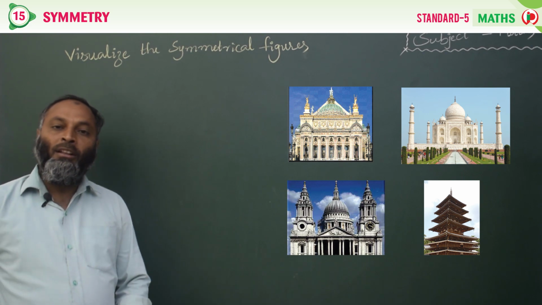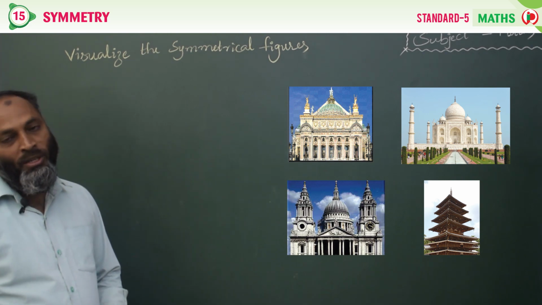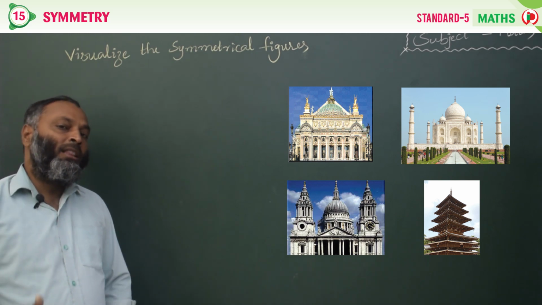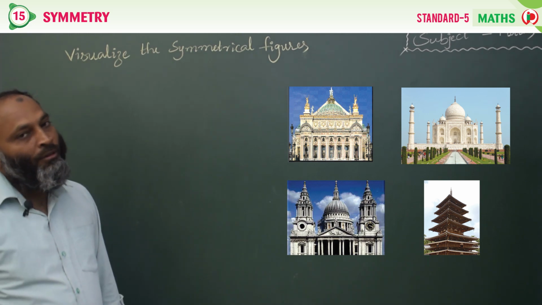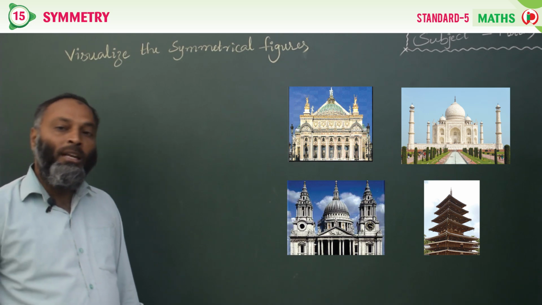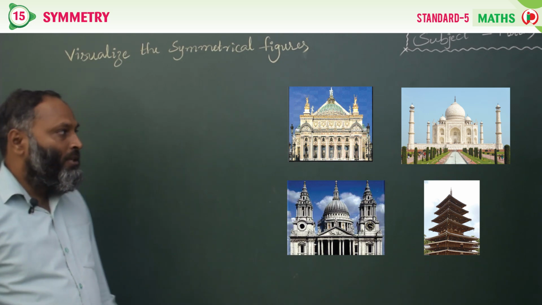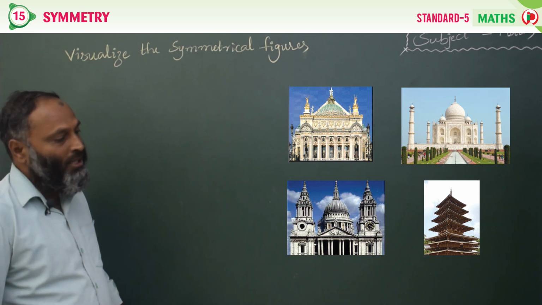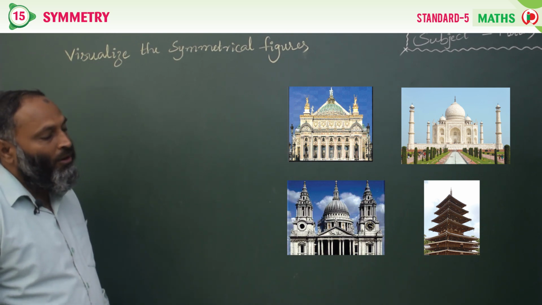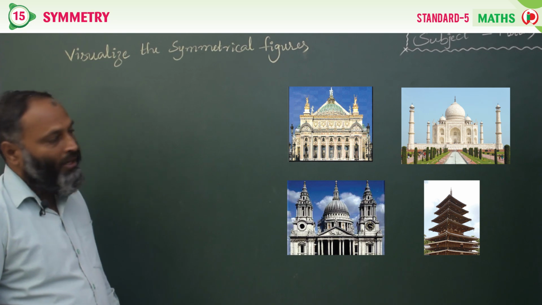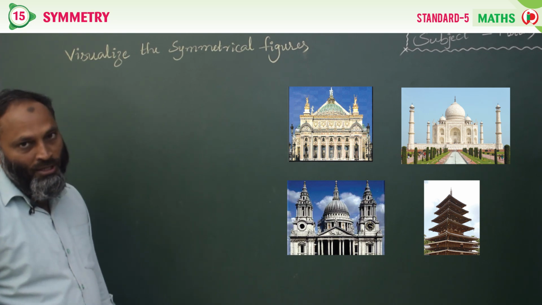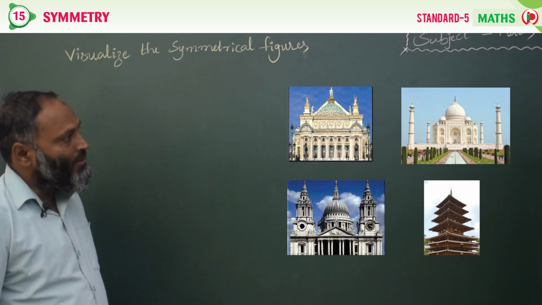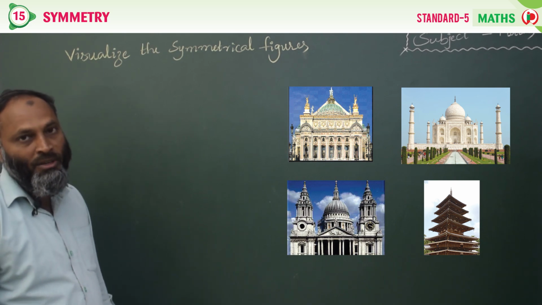Whenever monuments, buildings or constructions are symmetrical in shape, they look very beautiful. That is why all these four monuments in the picture look very beautiful, because all four monument structures are symmetrical.